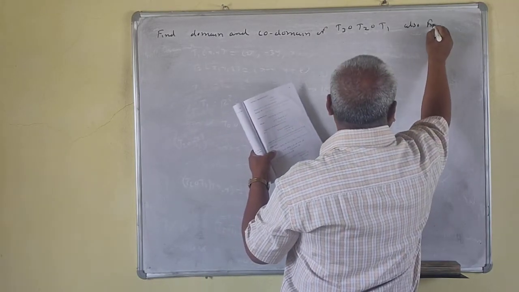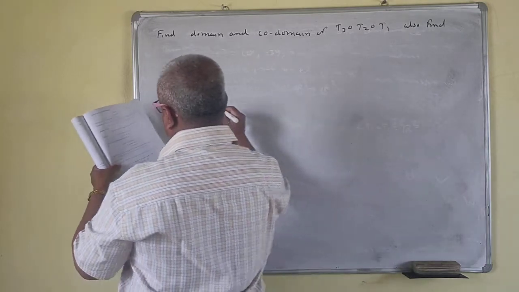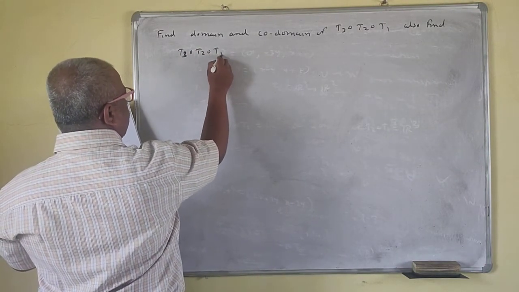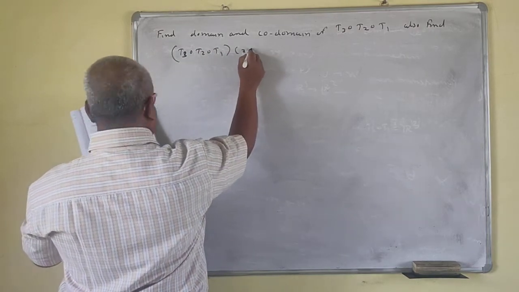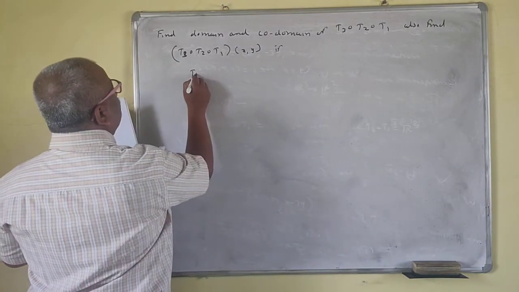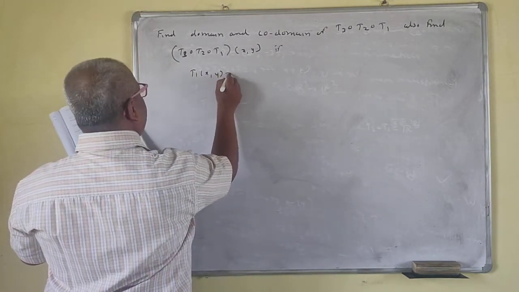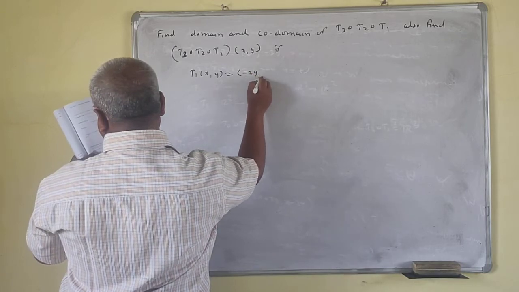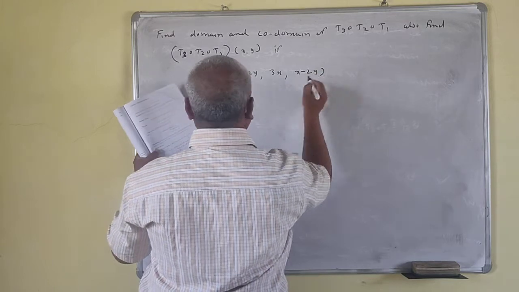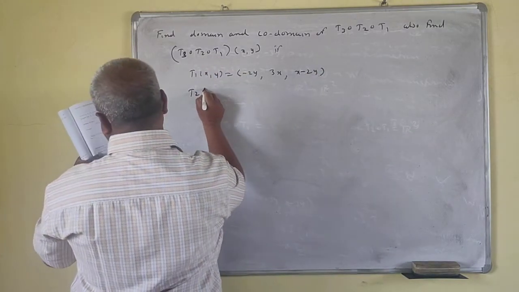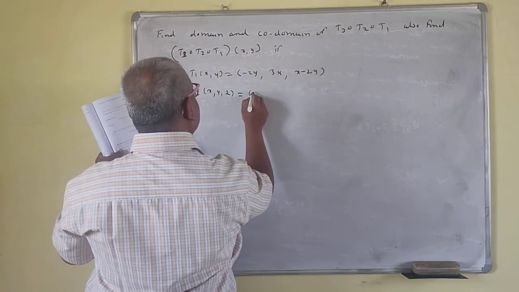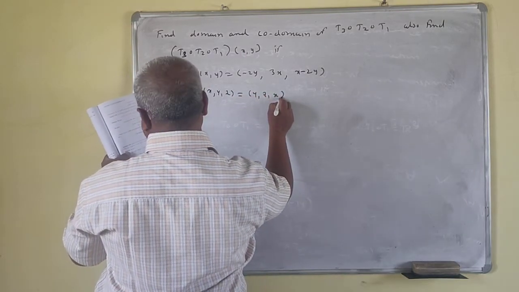Also find T3 compose T2 compose T1 of XY if T1 of XY is equal to minus twice Y, 3X, X minus twice Y. T2 of XYZ is equal to YZX.